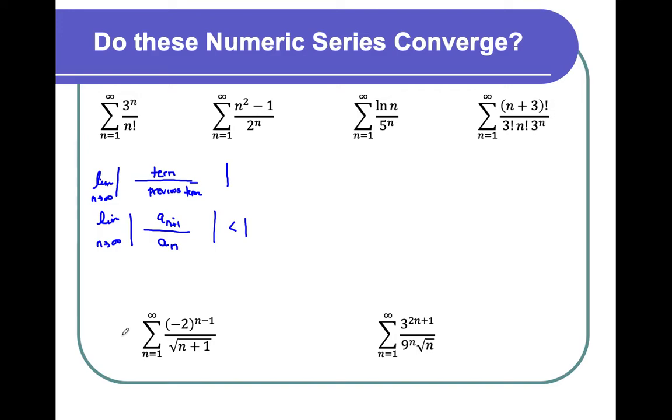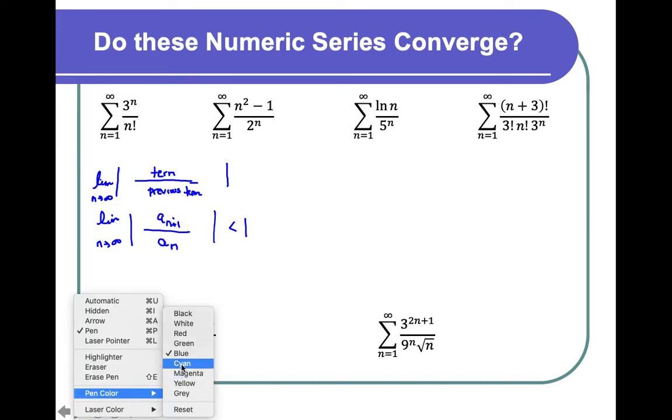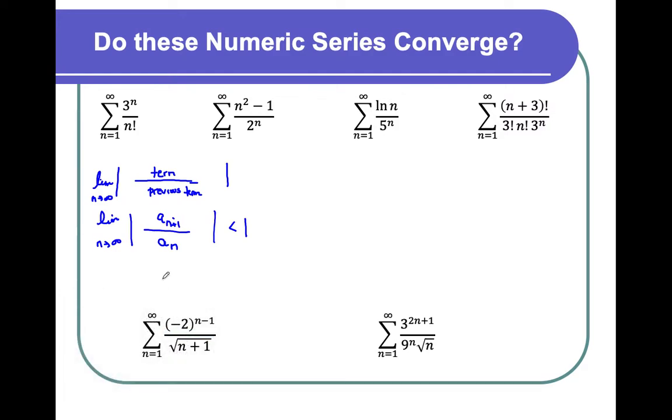The only thing that is different from the ratio test is for divergence. The series diverges if this ratio of a term compared to a previous term is greater than 1. Notice there's no equal sign on either one of these.